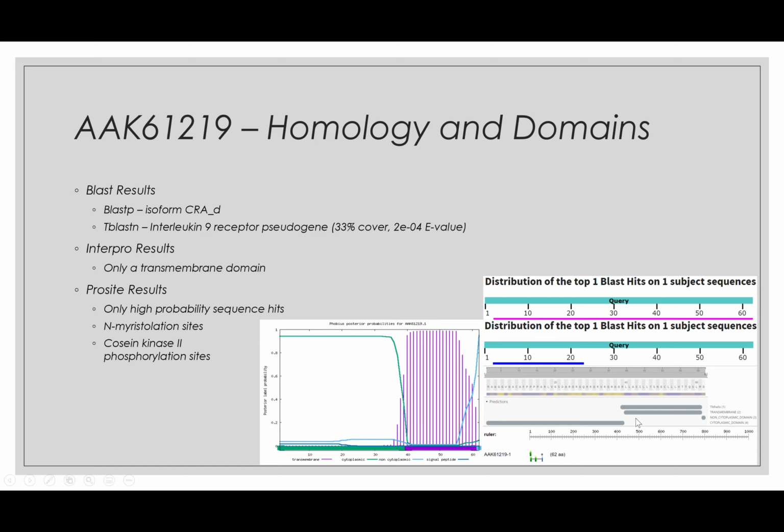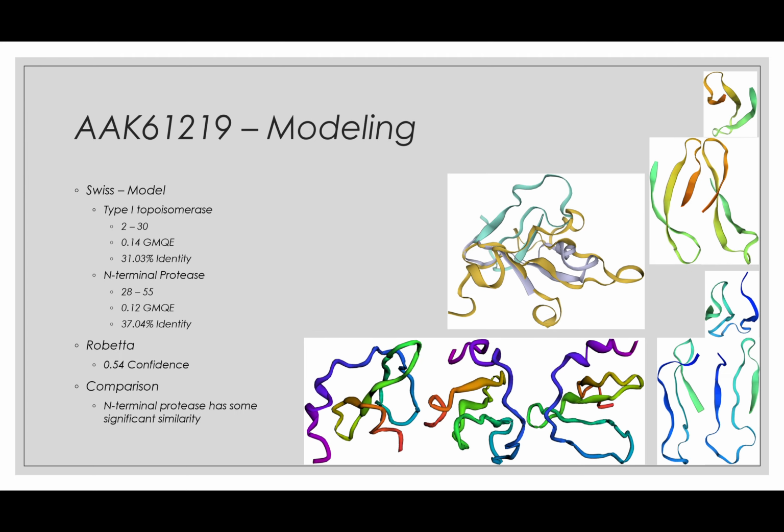And then the InterPro, all it returned was a transmembrane region, and again, I did a Phobius just to double check, which also returned that. And the PROSITE, again, only returned high probability sequence hits. And these were myristylation sites and phosphorylation sites. So there's not really much to base any function predictions on here.